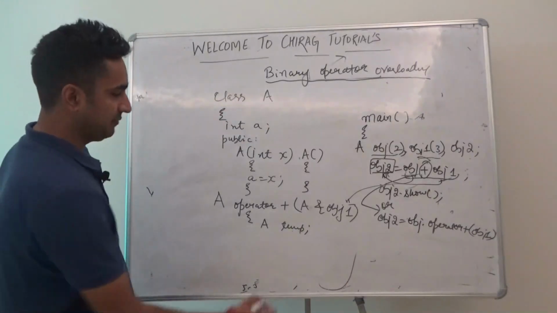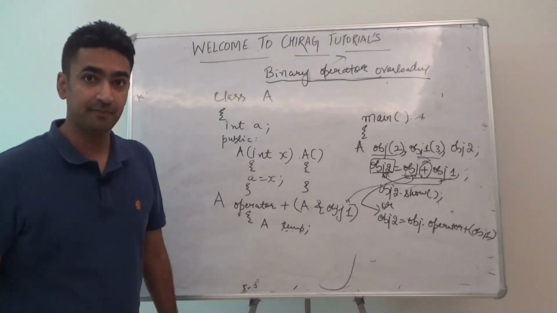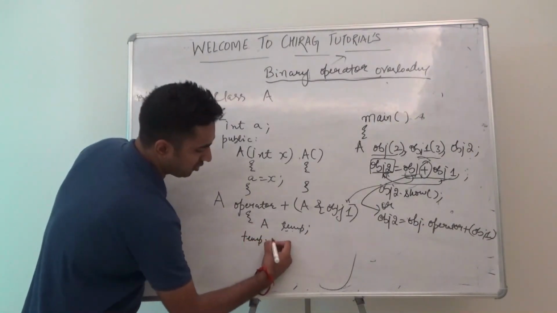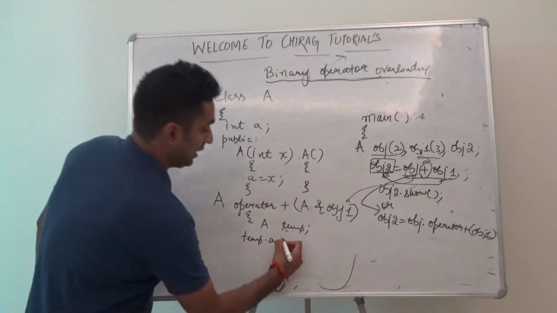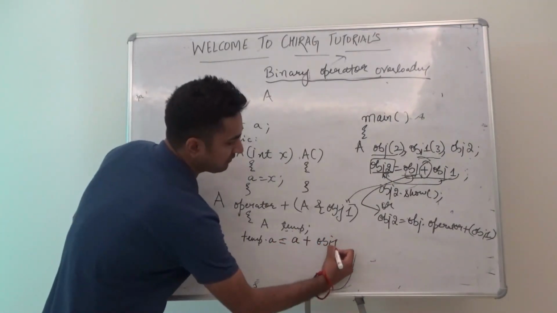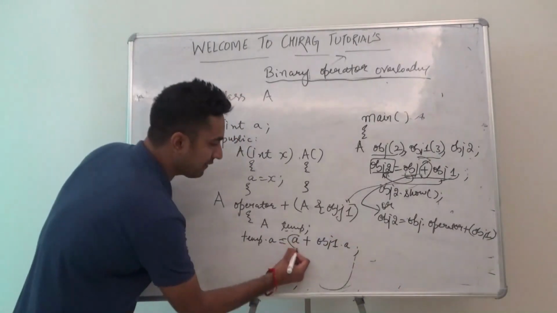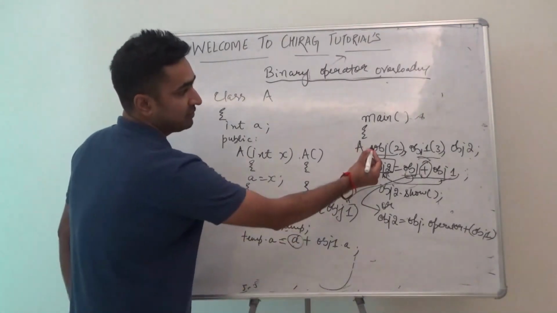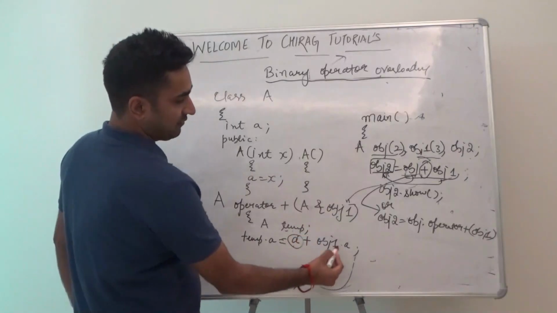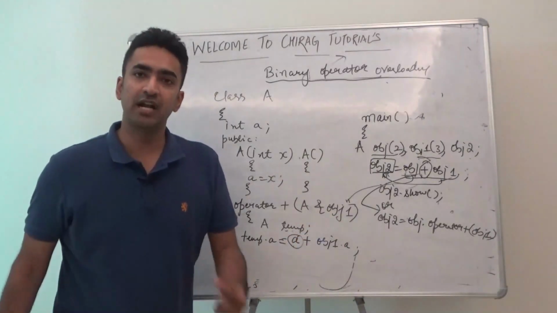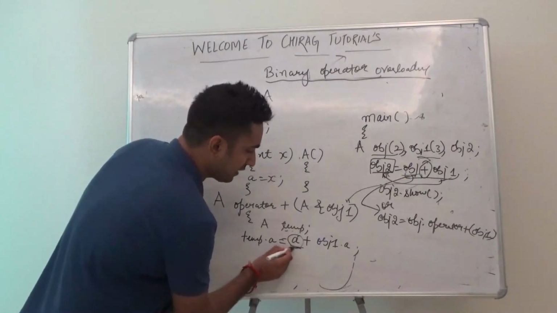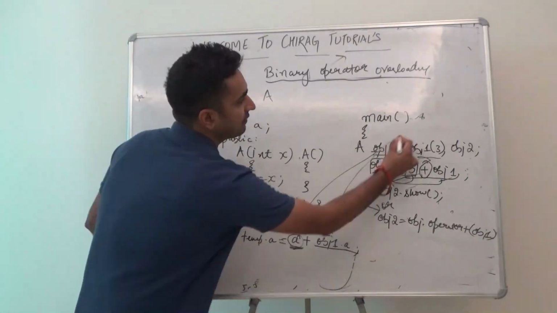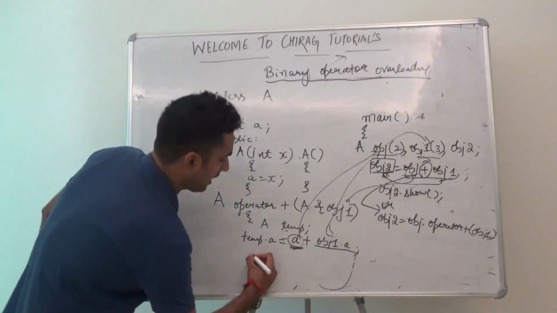This is just a temporary variable which is a temporary object which is of data type A. So what I'm going to do is I'm going to write temp dot a is equal to a plus obj1 dot a. It means this a refers to the object obj, and obj1 dot a means the value of data member for obj1. This a refers the value for this obj, and this obj1 dot a means the value for obj1, and I am returning temp.